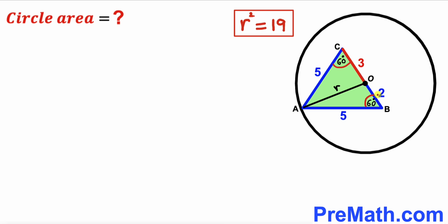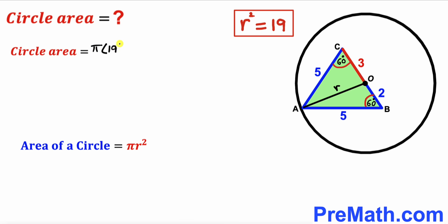And here's our final step, since we are interested in calculating the area of this circle. Let's recall the area of a circle formula. Area is always equal to pi r squared, where r represents the radius of the circle. So the circle area is pi times our r squared value, which is 19.